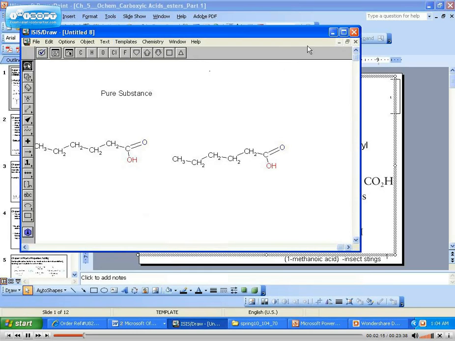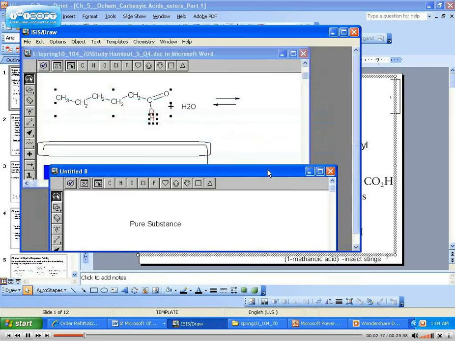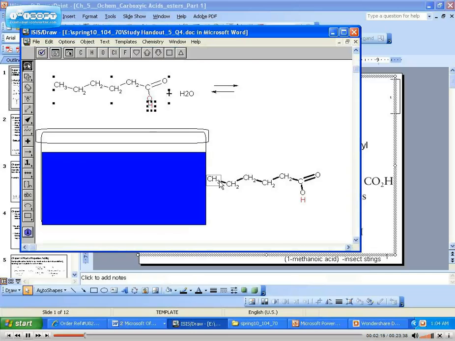Let me go to my example right here. In this case, I'm going to highlight this molecule and pop it into water. When I pop it into water, this hydrogen that originally made up the alcohol portion of the carboxyl group is going to pop off, and it will basically dissolve into water.